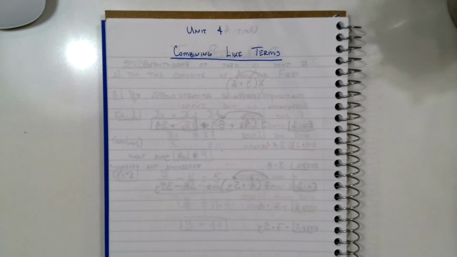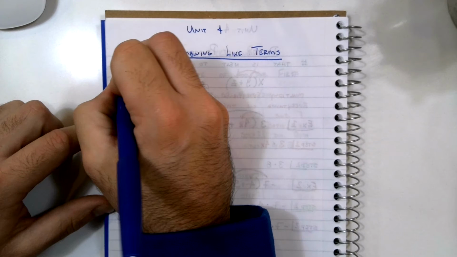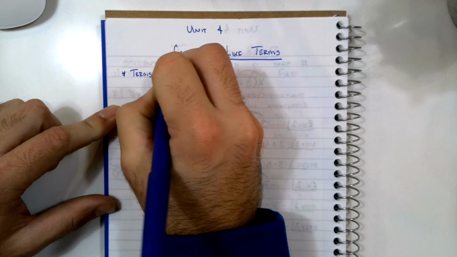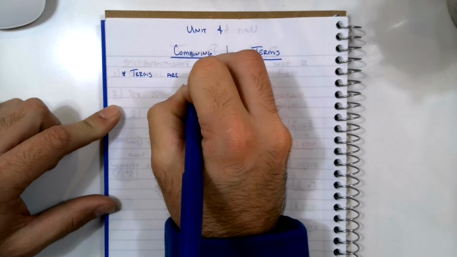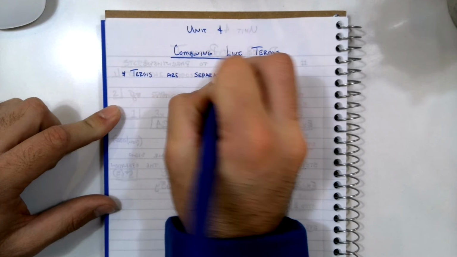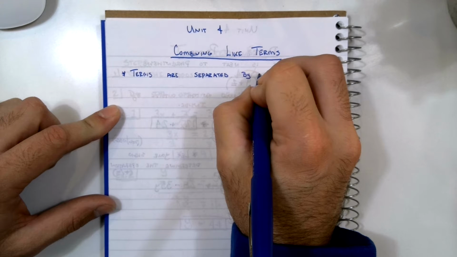So combining like terms, we need to know what terms are. All right, so I'm going to give you a little hint here. Terms are separated by operations.